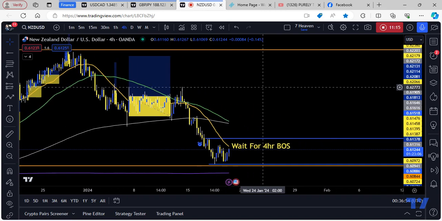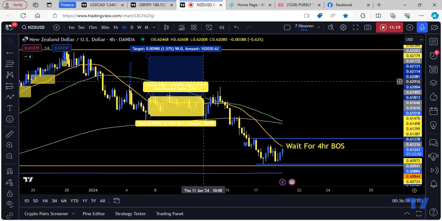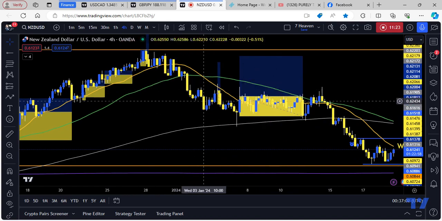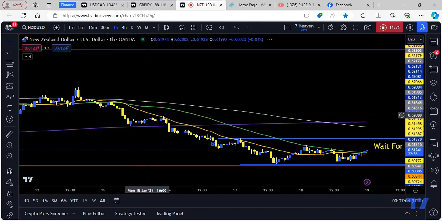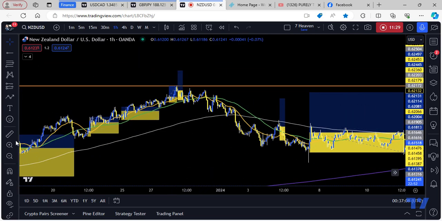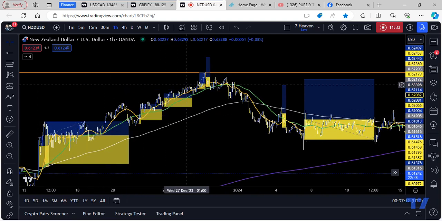Here too on NZD USD, waiting for this break of structure up to the upside. As you can see, we had 1, 2, 3 losses in the row here on NZD CAD after this nice glorious win on add-ons here.